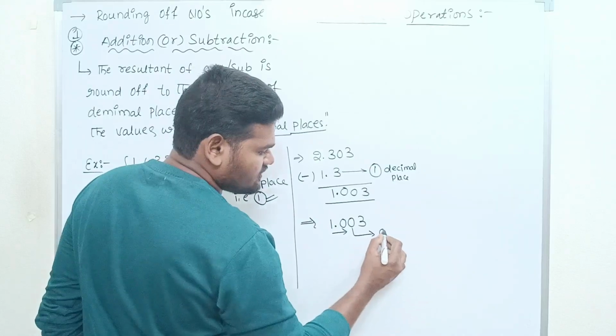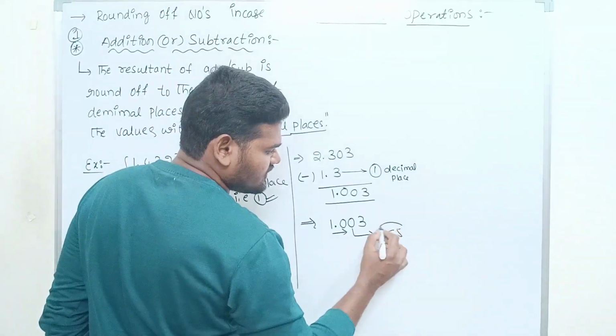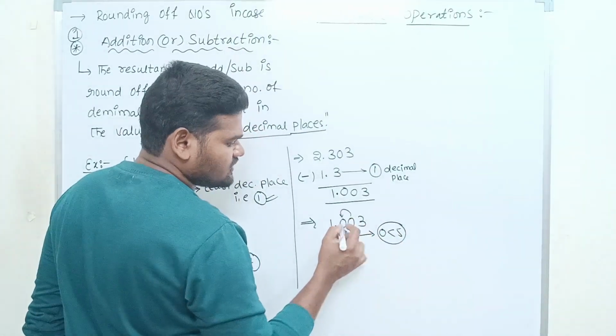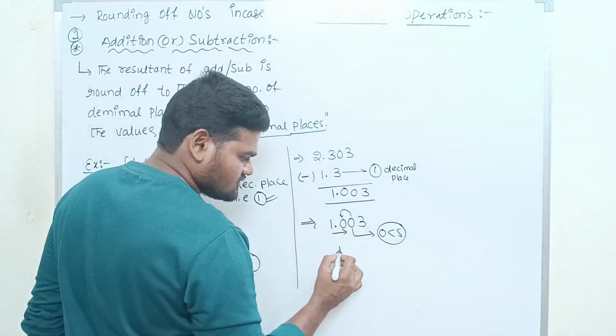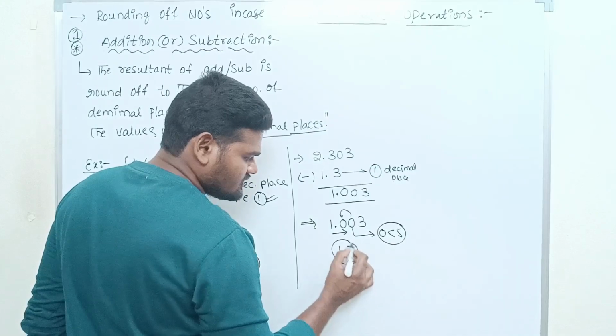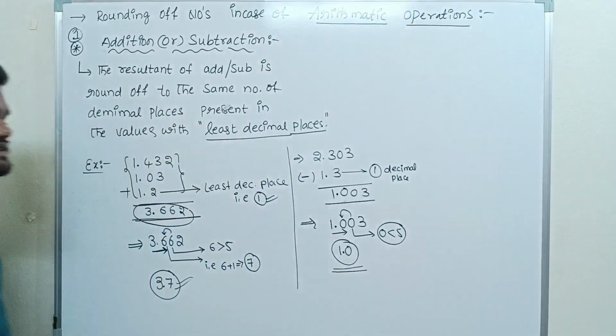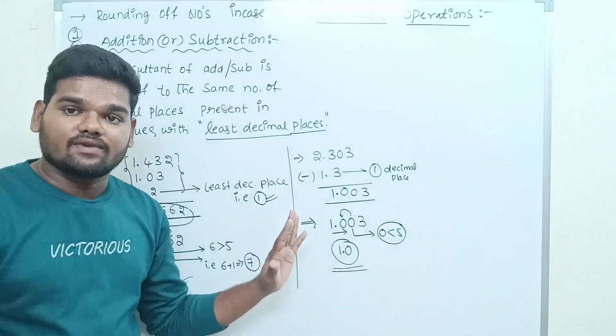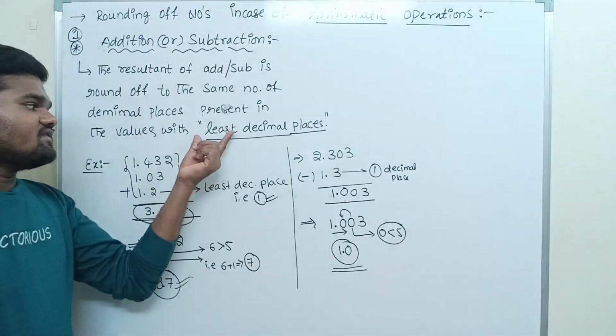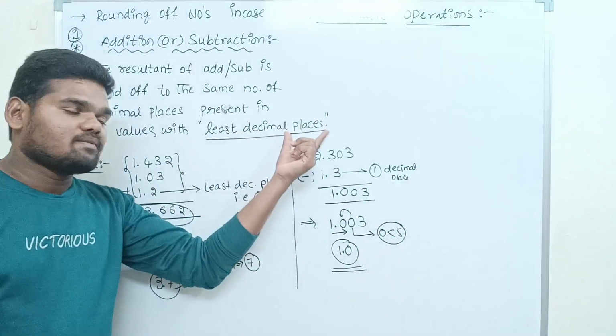The next immediate number 0 is less than 5, so the previous digit is left unchanged. So the answer is 1.0. Just in case of addition or subtraction, check which value has the least decimal places.